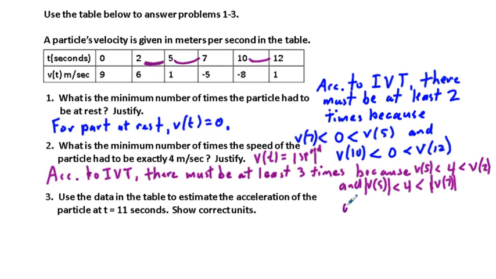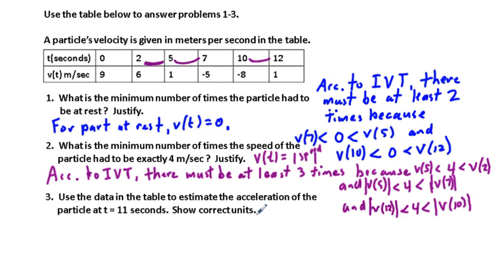Okay, and then the other interval, between 10 and 12 seconds, 4 is less than the absolute value of v sub 10, because that will be 8, and 4 is greater than the absolute value of v sub 12. Okay, not too terribly legible.